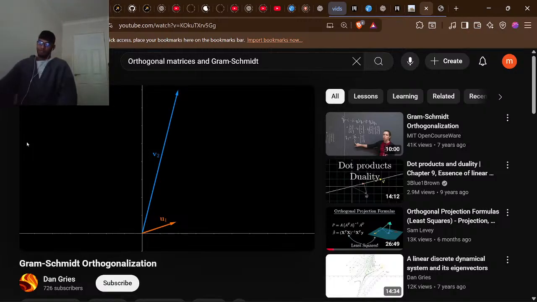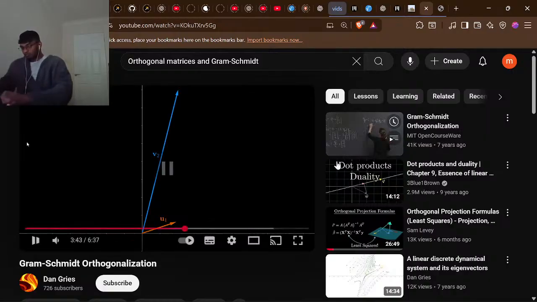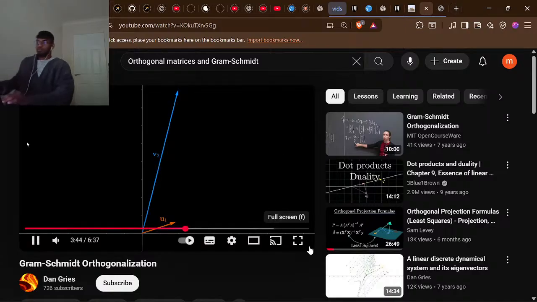And then what we're going to do is we're going to take v2 and we're going to extract out of that something which is orthogonal to u1, and that'll be our other basis vector. What's kind of important right now about v2 is that it's not parallel to u1. It couldn't be because v1 and v2 are a basis for R2.